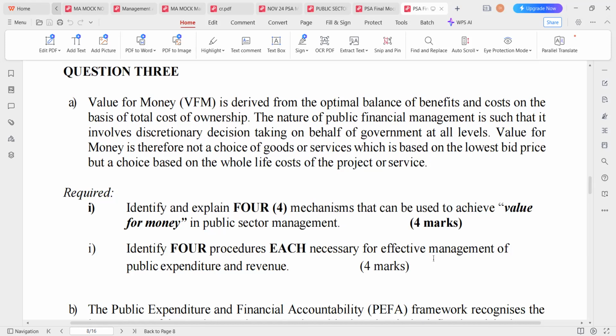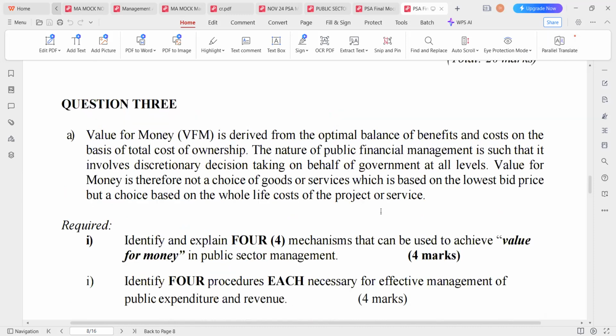So here, what are the 4 mechanisms? You have 4 E's, not 3 E's. We've added 1 to the 3, making 4. Know the 4 E's. Number 1 is economy. Number 2 is efficiency.